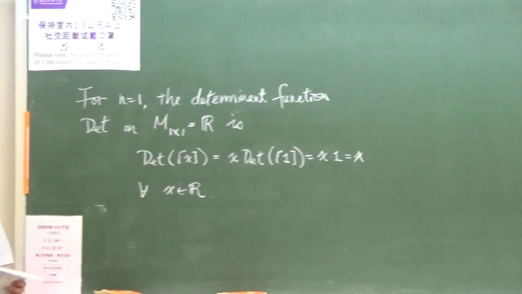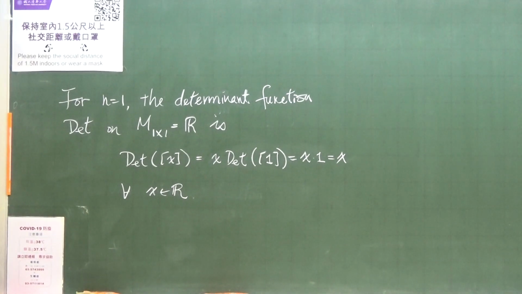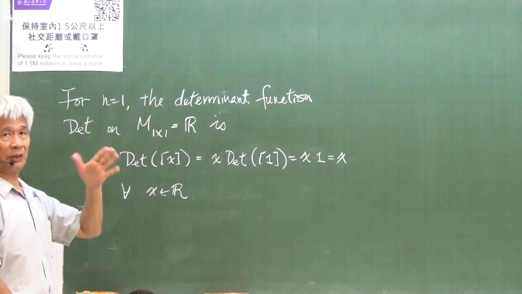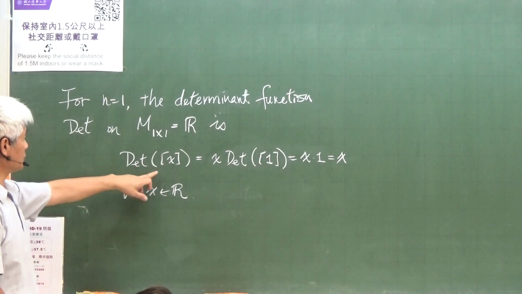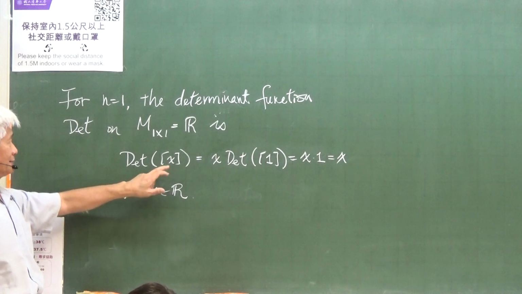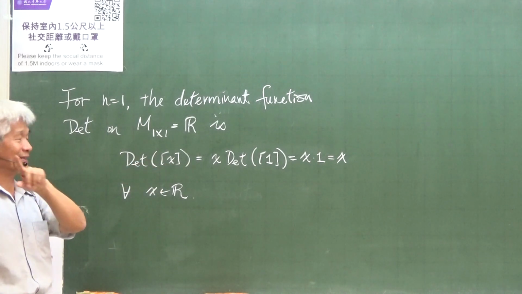We will prove the existence and uniqueness of the determinant function for any n times n matrix. First of all, we consider n equals 1, so it's a one-dimensional matrix. The matrix will be just any one-by-one matrix, with only one entry.